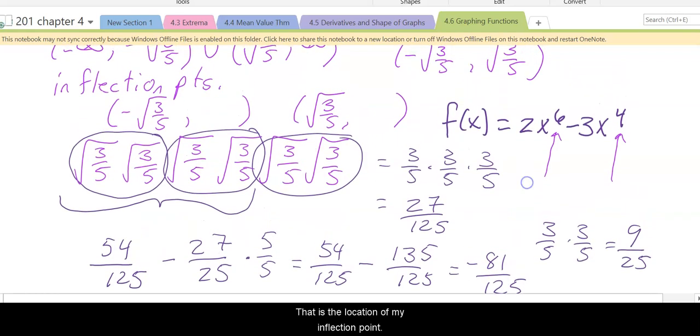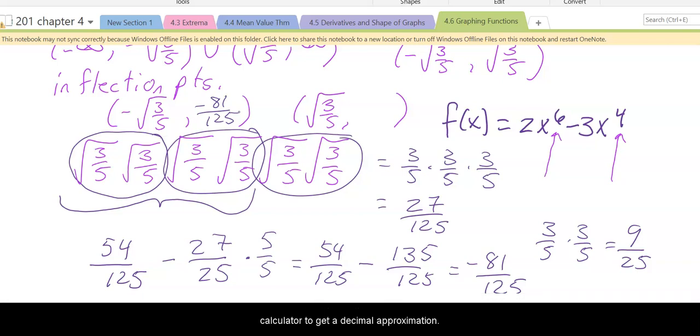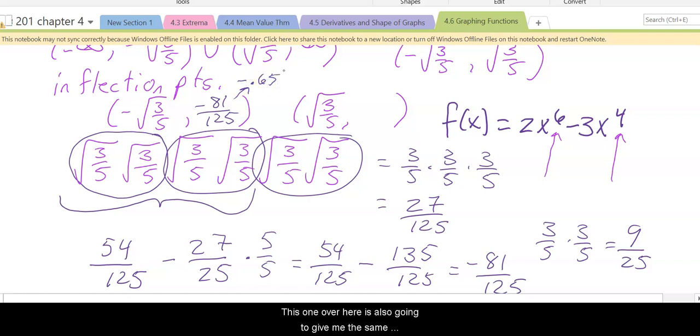That is the location of my inflection points, negative 81 divided by 125. To know about where it's going to be on the graph, you may want to use the calculator to get a decimal approximation. This value is roughly equal to negative 0.65. This one over here is also going to give me the same exact value, negative 81 over 125, also about negative 0.65.